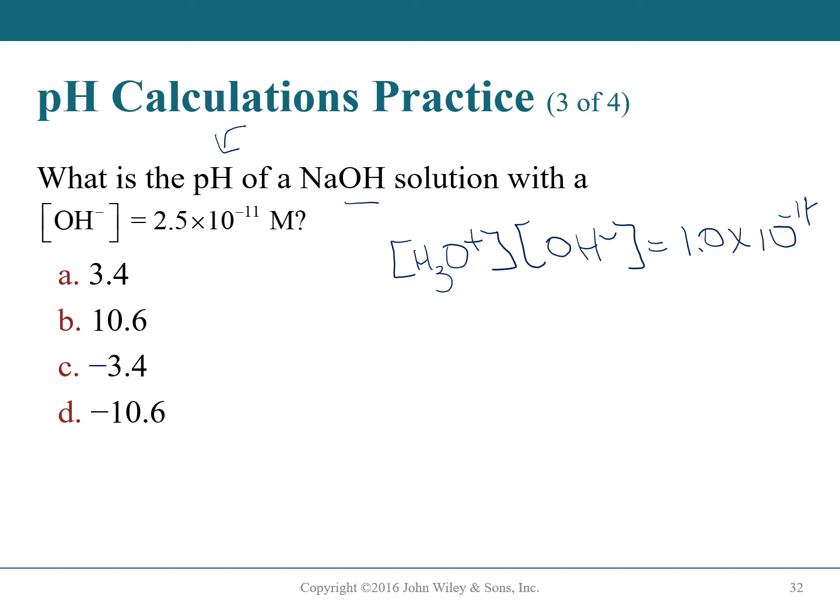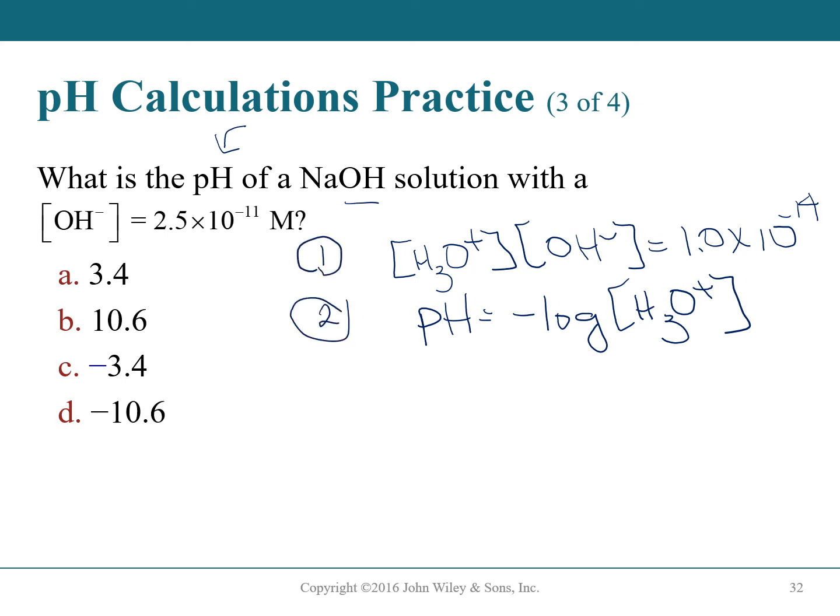So we're going to have to use this equation to get the hydronium ion concentration, and then we can calculate our pH. So step 1, we'll use this equation. Step 2, we'll use that equation.